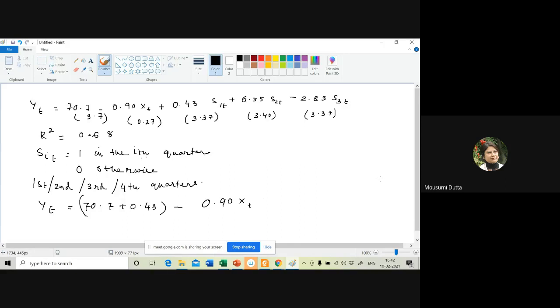Anyone else for the second quarter? What will be the model? 70.7 plus 6.55 minus 0.90 Xt. Very good. What will be the equation for the third quarter? Anyone else?